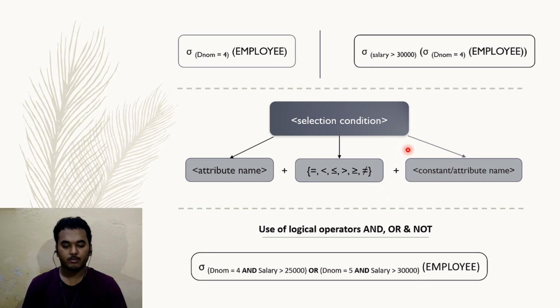We can also join two different selection conditions using the logical operators AND, OR, NOT. Here is an example where we have joined two different selection conditions using the OR operation, and the selection conditions in turn have different comparison operators along with the logical operator.